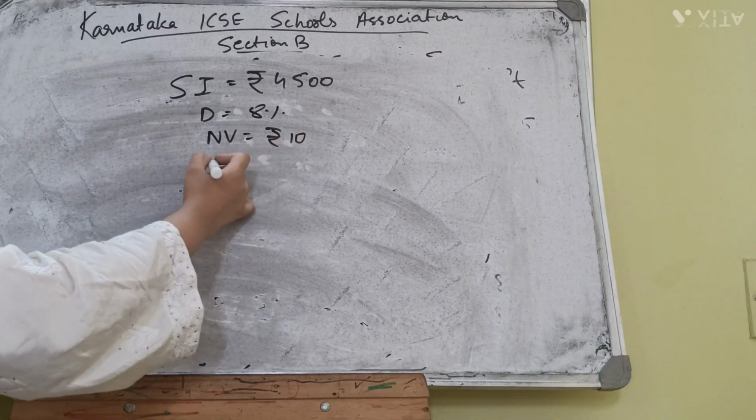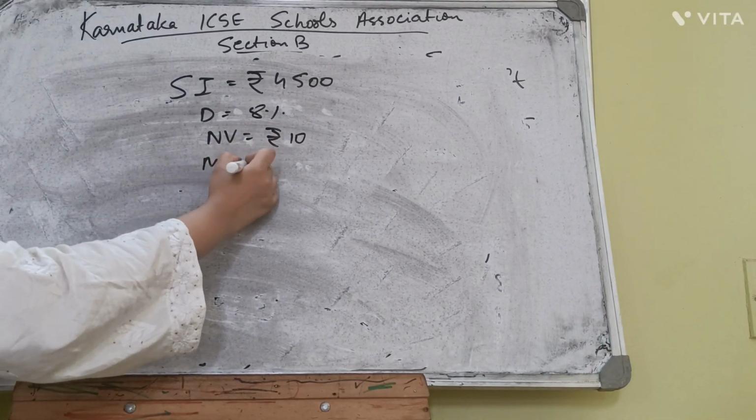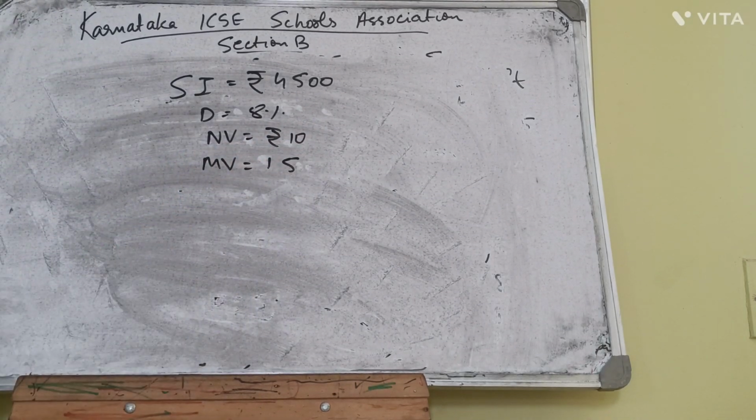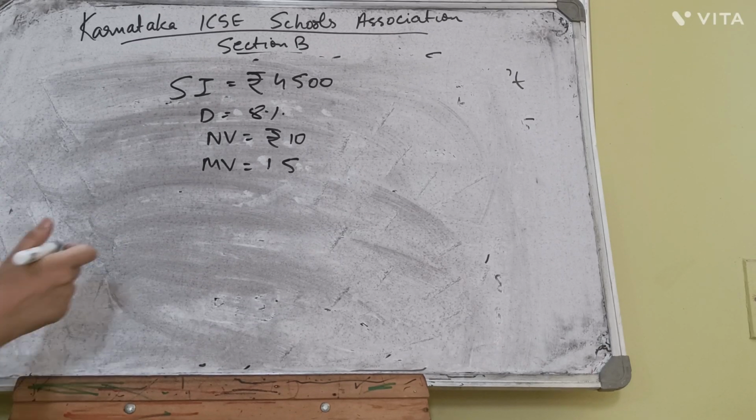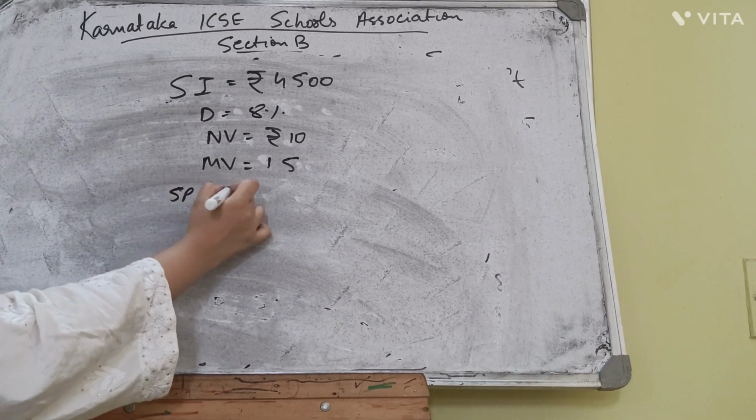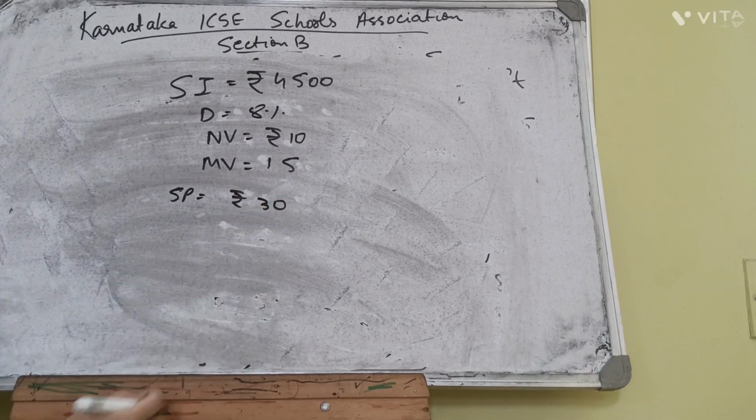So the dividend is 8%. Nominal value is rupees 10 at rupees 15. He sells the shares when the price rises to rupees 30. So the selling price of these shares is rupees 30, and invests the proceeds in another company with different data.